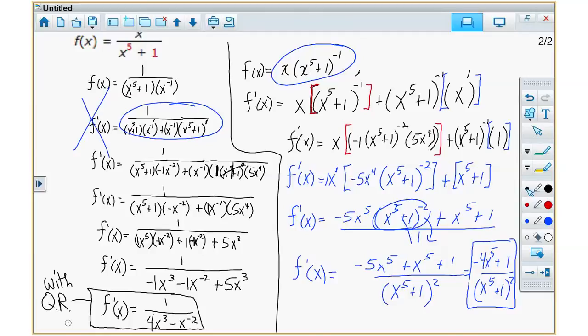Okay, so there's 4 ways to do it. One is to use, I don't know what we used on the previous page, but use that rule first, okay? Quotient rule. That's the first way. Then the second way would be bring it up and use the product rule. The third way would be doing this method, but don't forget to either do the quotient rule down here, and I would preferably do the quotient rule up there with the product rule.